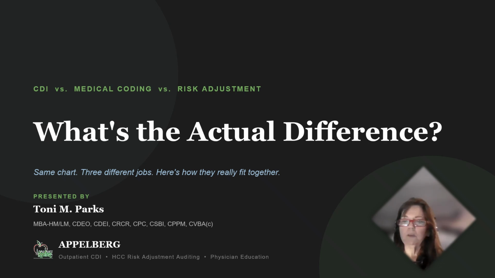Half of the room nods like they know exactly what that means, and the other half is just trying not to look confused, right? So here's the truth. They are three different jobs with three different goals, done by three different people, usually at three different points in the patient's chart.